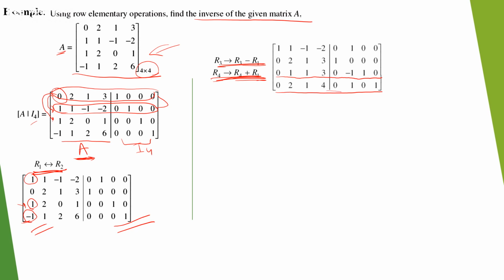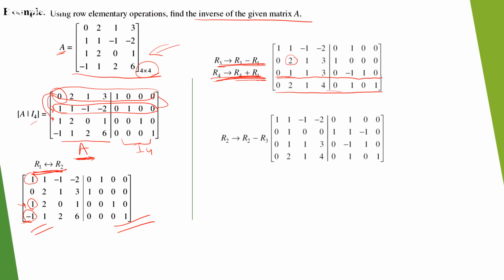0, 1. Now here we check the second element of the second row. It should be 1. So for that we can use the help of row third. We can make it 1 by applying the operation R2 minus R3, which is simple, we subtract that row from R2.